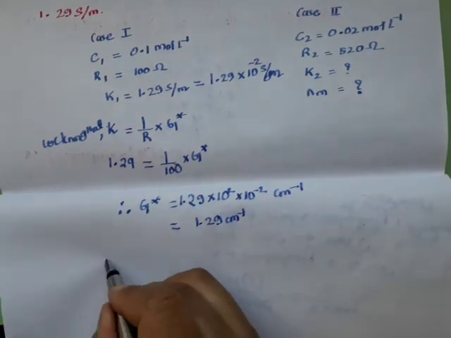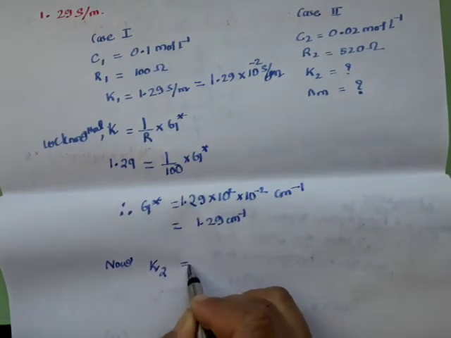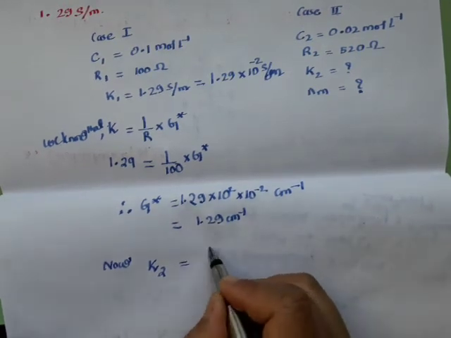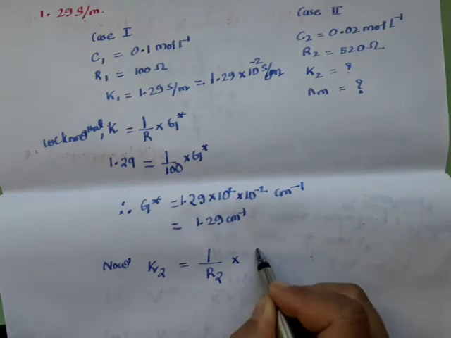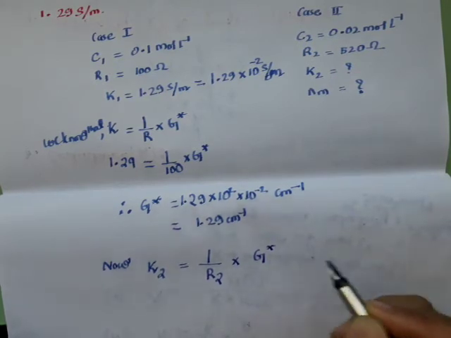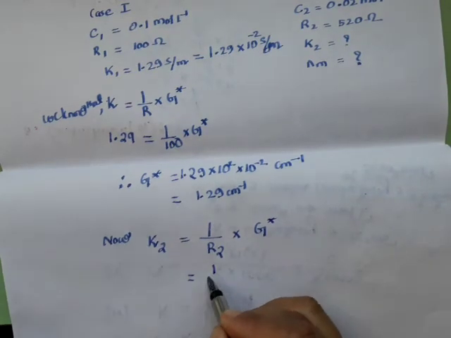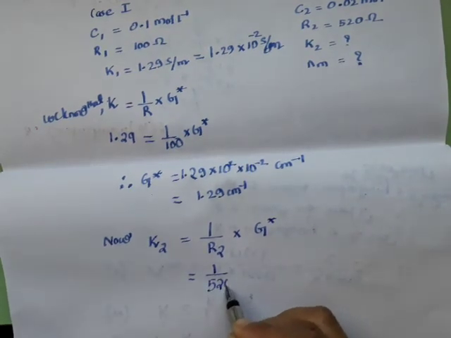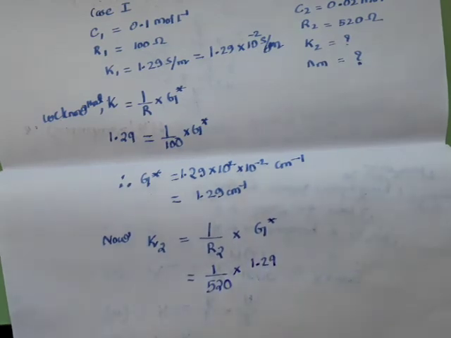Now what is K2? K2 is again 1 by R2 into G star. Now what is R2? 1 divided by 520 into G star 1.29.